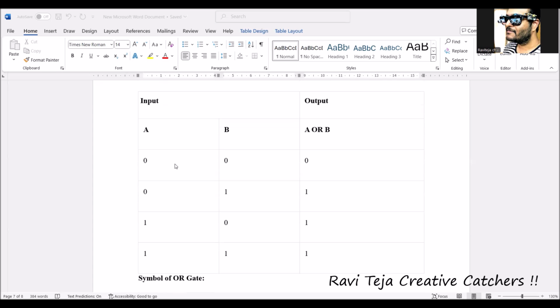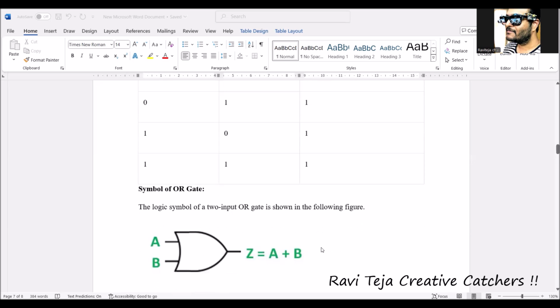The OR result for 0 0 will be 0, 0 1 will be 1, 1 0 will be 1, and 1 1 will also be 1. So this is the truth table for the OR gate.